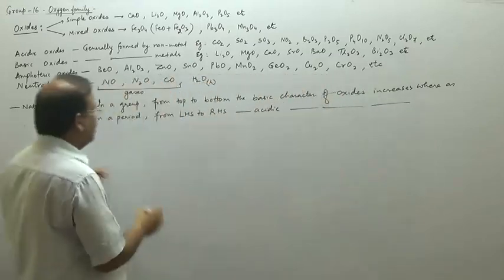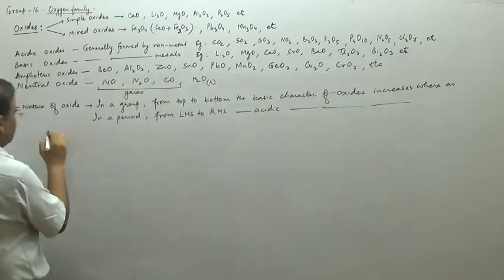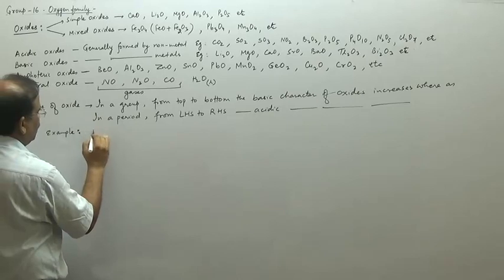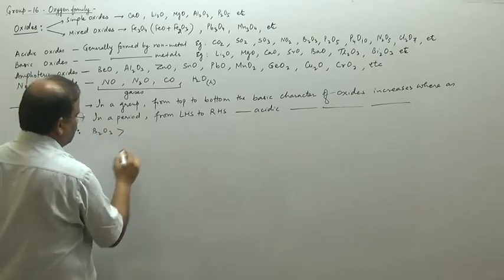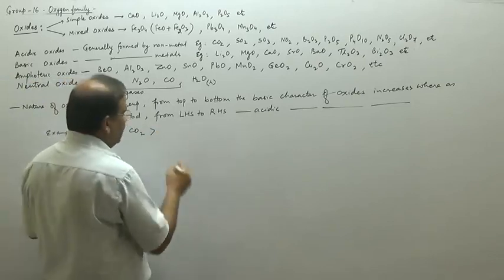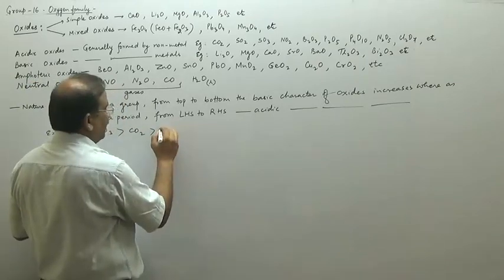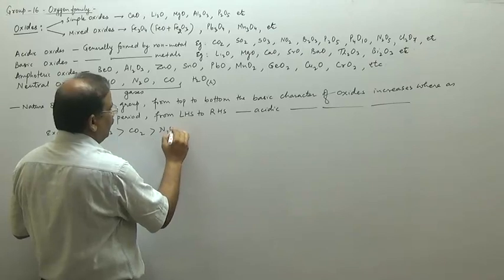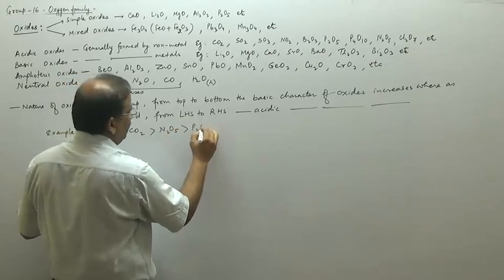For example, B2O3 is more acidic than CO2, which is more acidic than N2O5, which is more acidic than P2O5.